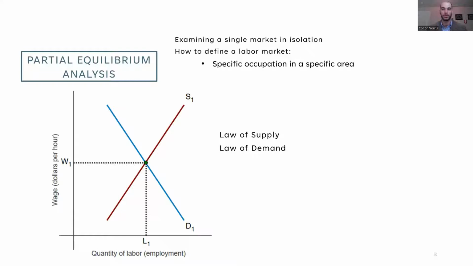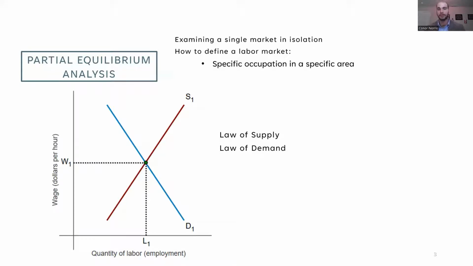People have what's called a reservation wage, or a minimum wage they're willing to accept in payment to do a job. So I joked in the last lecture about being unwilling to do an HR job because I would be so bad at it. But if I was offered $1 million a year, how could I turn that down? At a certain point, people will be willing to do a job if you pay them enough money. Because obviously no one's going to be willing to pay me $1 million a year to do that.